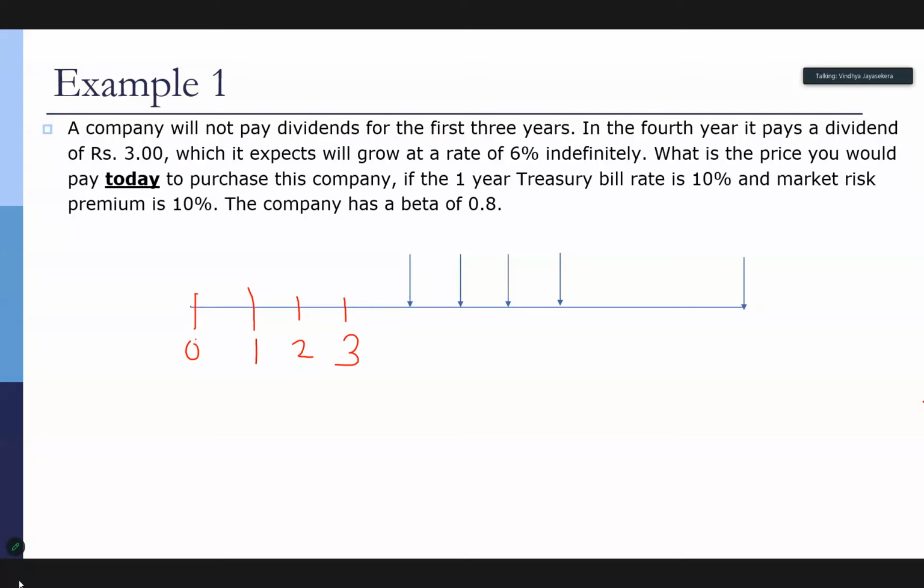And in the 4th year, there is a dividend of 3 that is paid. And then this dividend will grow at a rate of 6%. So the next year's dividend is going to be 3 into 1.06, 3.18.